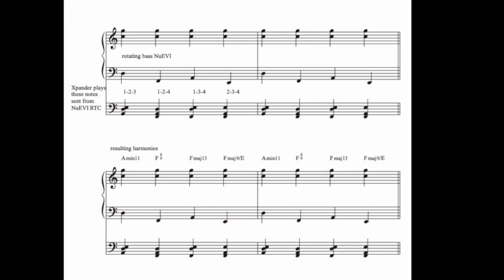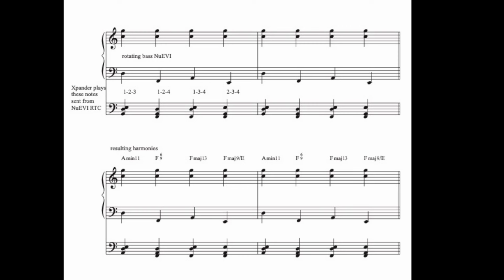It plays bass note 1, 2, 3, and then the next information it sees will change to 1, 2, 4, 1, 3, 4, 2, 3, 4, and so on and so on. So here we go. We've got the harmonies now. An A minor 11th, F6 9, F major 13, and there's that major 7th chord in the third inversion, 7th in the bass.